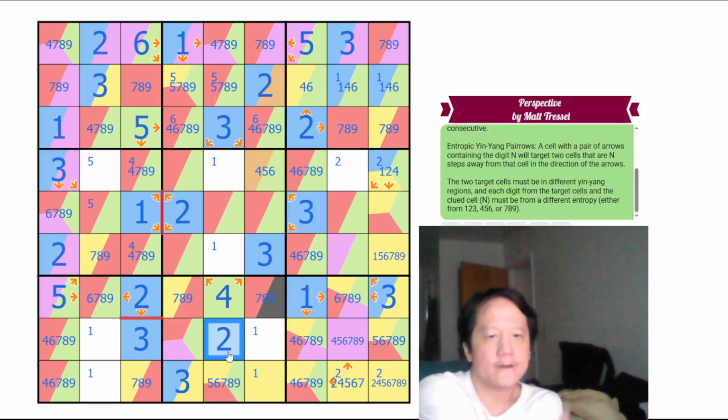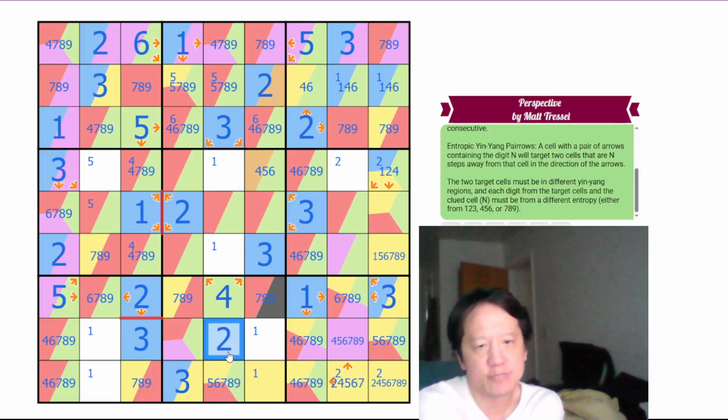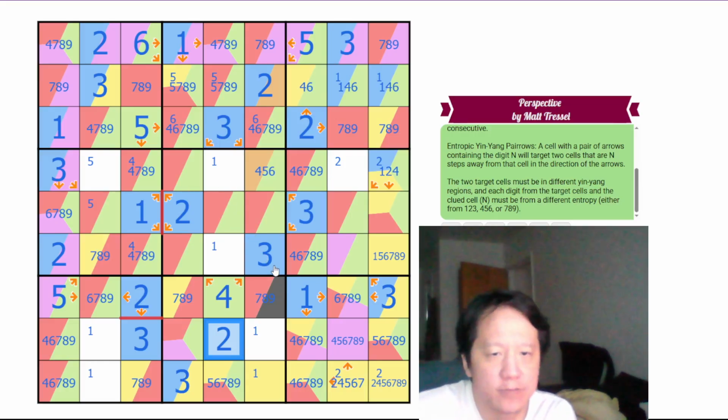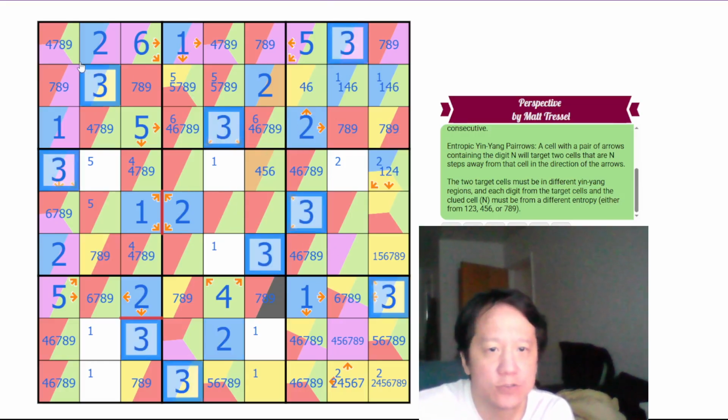Okay. It's pretty convoluted. Threes. Let's see where threes are. We have 1, 2, 3, 4, 5, 6. We have all the threes. Okay.